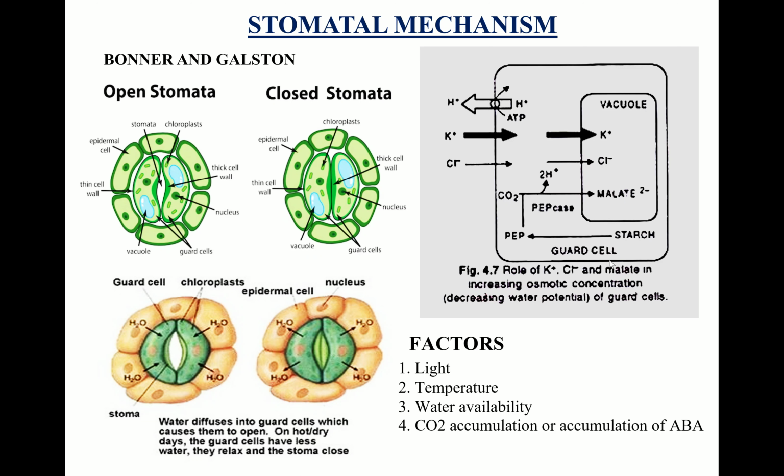Let's see how stomata play an important role in transportation of ions in and out of the cell. There are certain ions which regulate the opening and closing of the stomata. So let us understand the conditions under which the stomata is open.